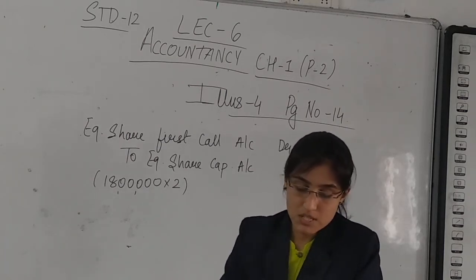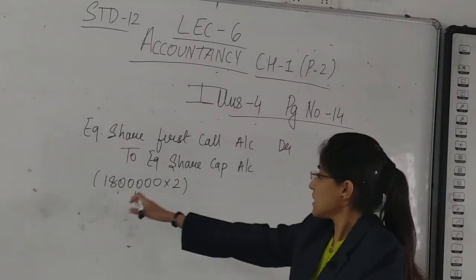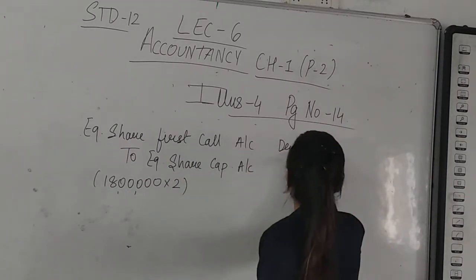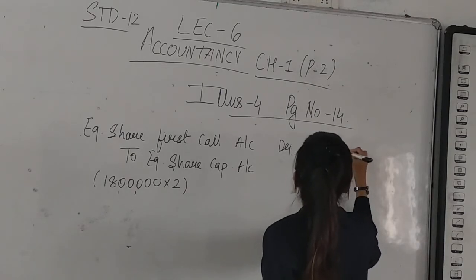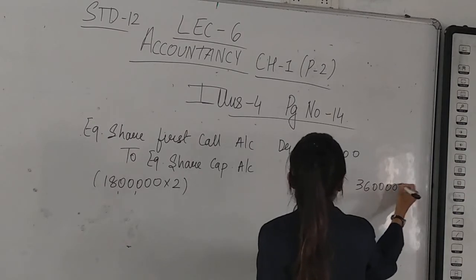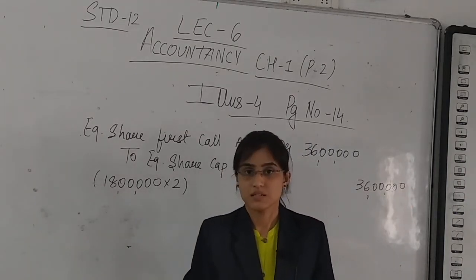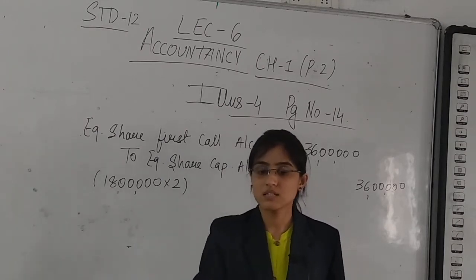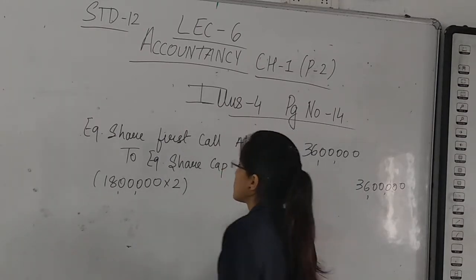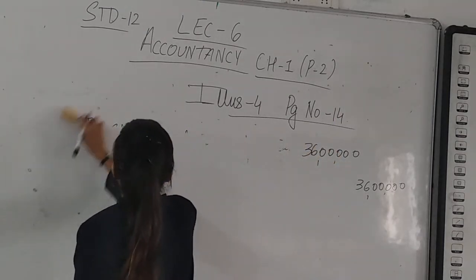How much is the amount that becomes due for first call? 18 lakh into 2, which is 36 lakh. Now the next step is for receipt of first call. You are supposed to receive 36 lakh.